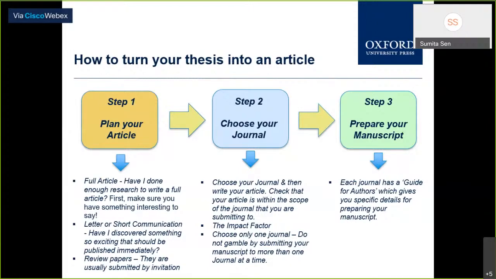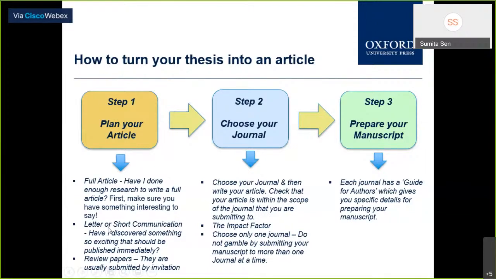Probably it doesn't link to the bones. I'm not a medical practitioner. I'm sure you know best. So check the scope of the journal, whether it fits into it or not. If it doesn't have an impact on the particular journal, there's no point. It's going to be rejected.